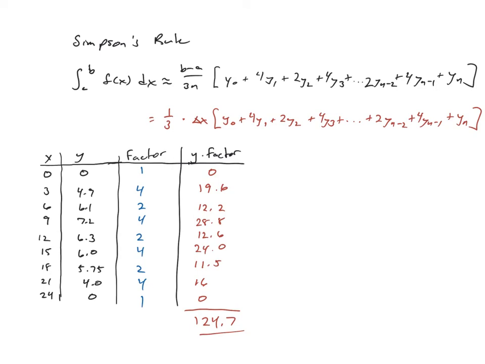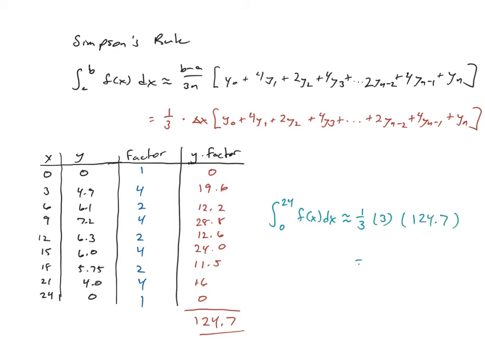And so using Simpson's rule to approximate this definite integral, my integral from 0 to 24 of f of x dx is going to be approximately equal to 1/3 times, in this case my delta x was 3 because I was going up by 3 every time, times the 124.7.